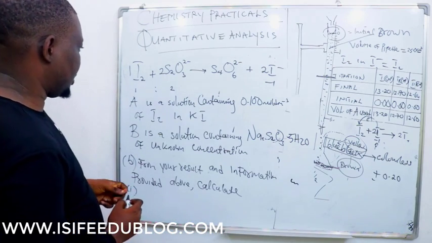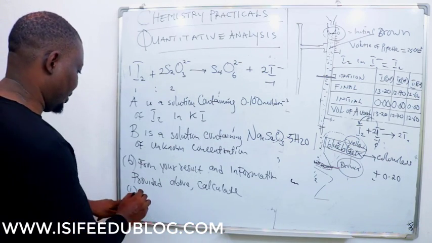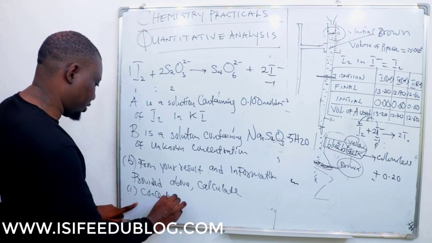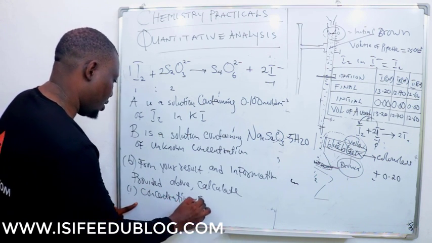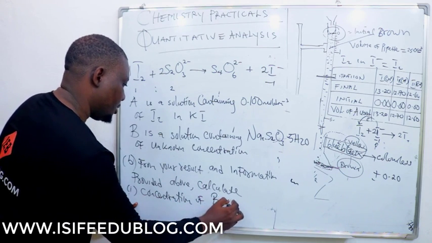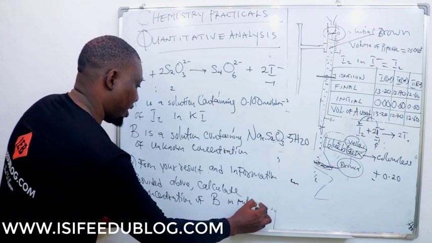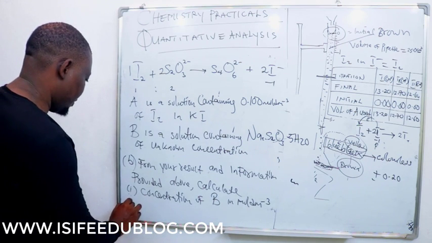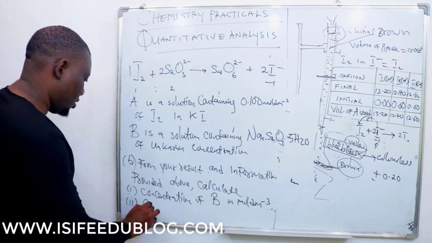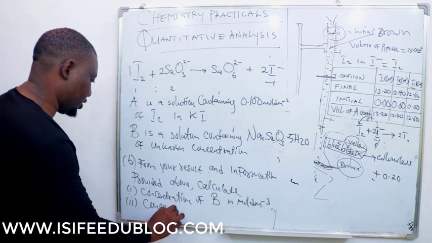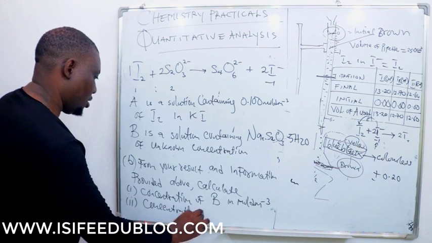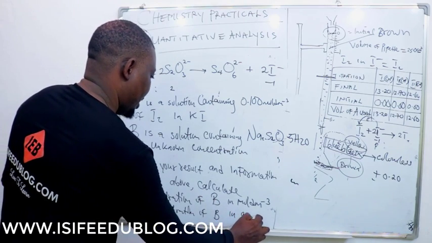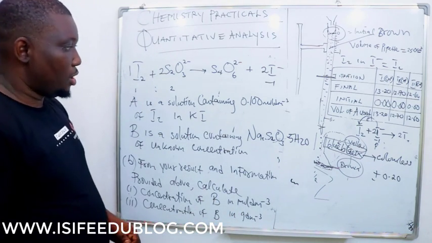No more need to calculate the concentration of A again because it's already known. You will see another question like: concentration of B in gram per dm³.